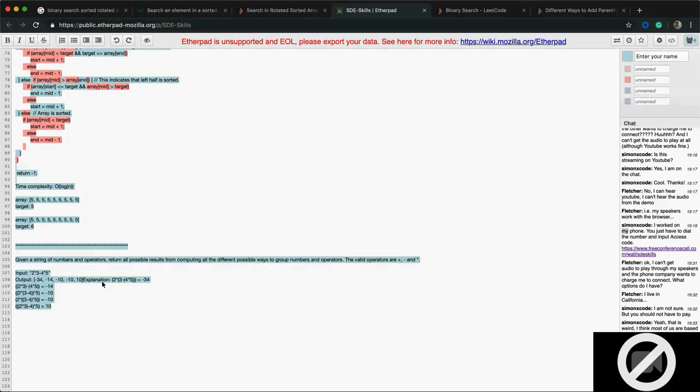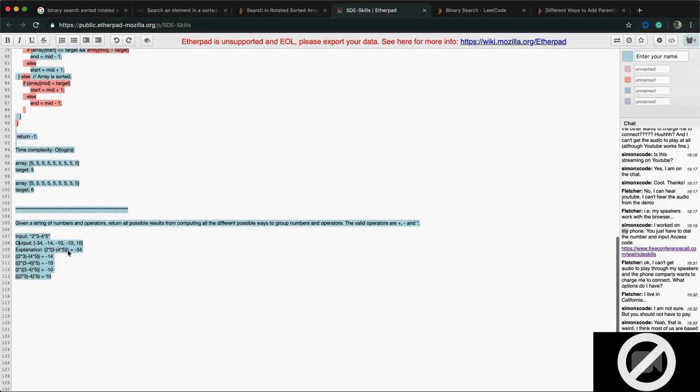Okay, the question is, given a string of numbers and operators, return all possible results from computing all the different possible ways to group numbers and operators. The valid operators are plus, minus and multiplication sign. So we just have 3 operators here, and these are the number of combinations that we can have.